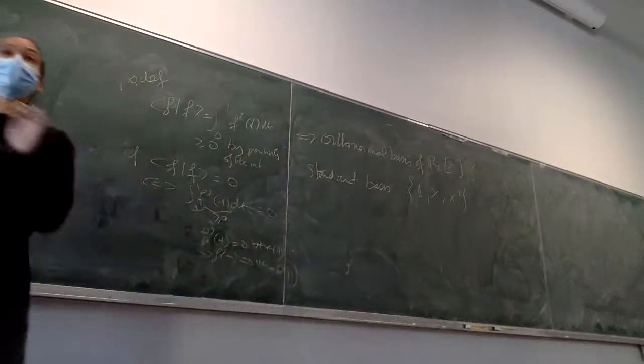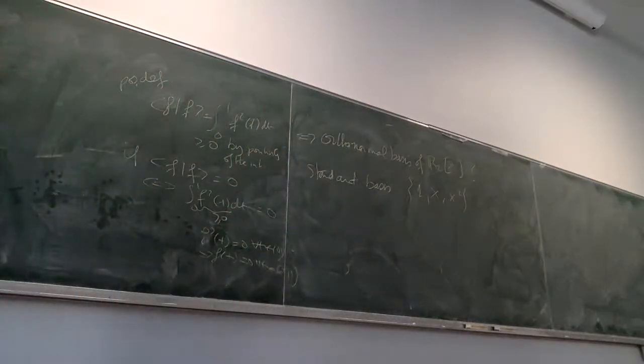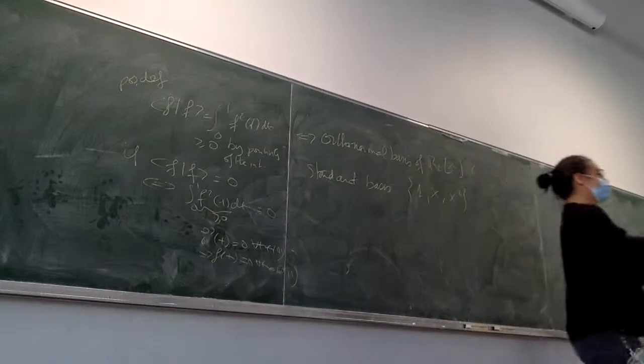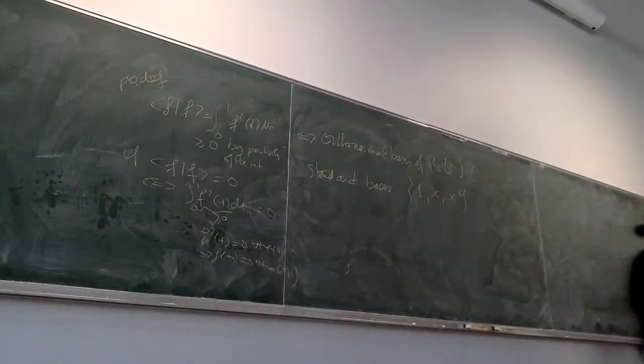Maybe if we are lucky, it's already going to be orthogonal, orthonormal. So what should we do in order to get that? If ever it's not orthogonal, what should we do?